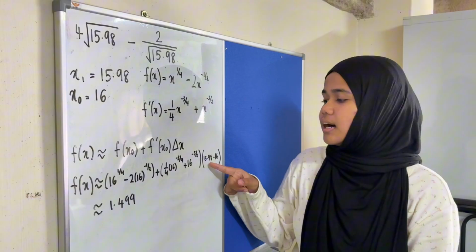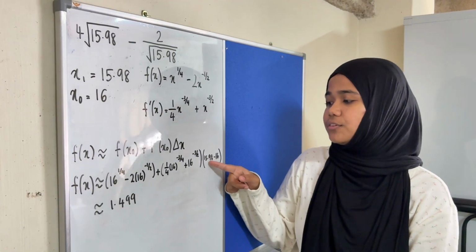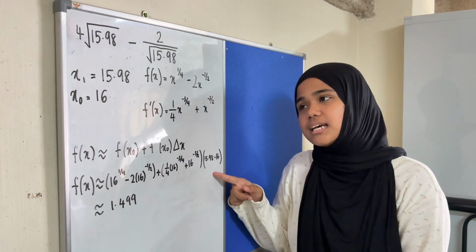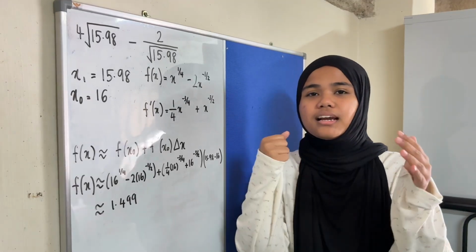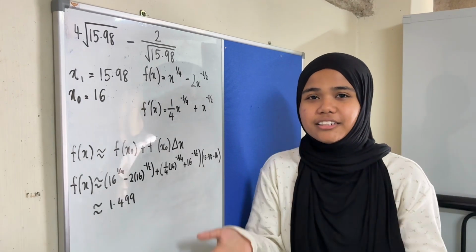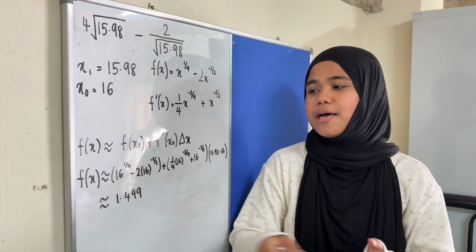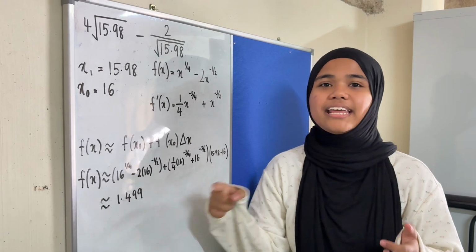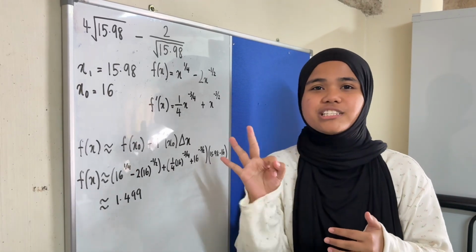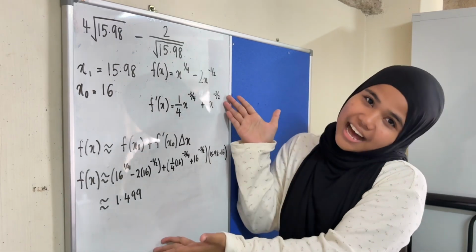So x1 is 15.98 minus 16, and then calculate it with your calculator, and we should get the answer approximately 1.499. We give the answer in 3 decimal places, and we are done.